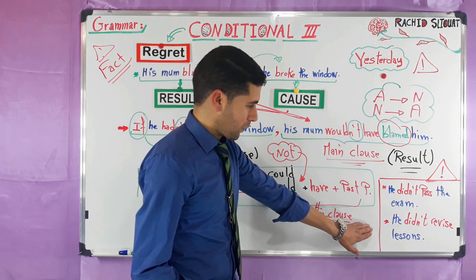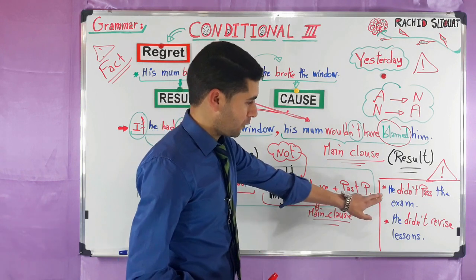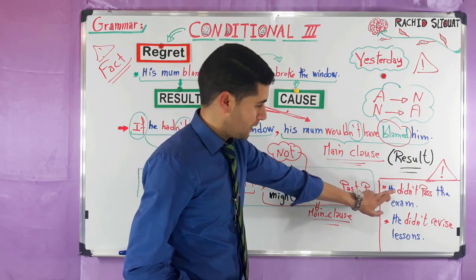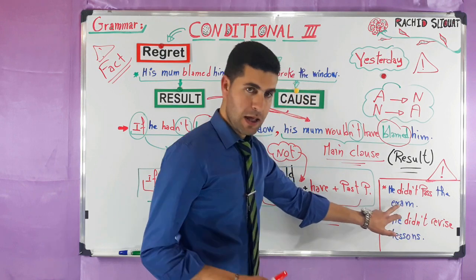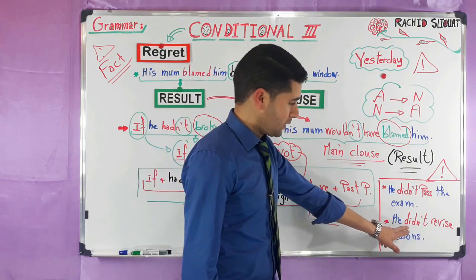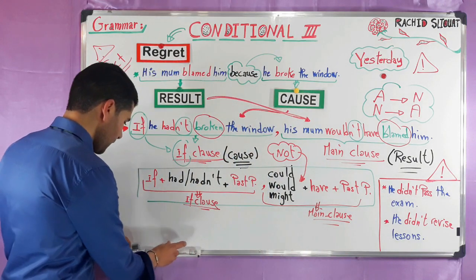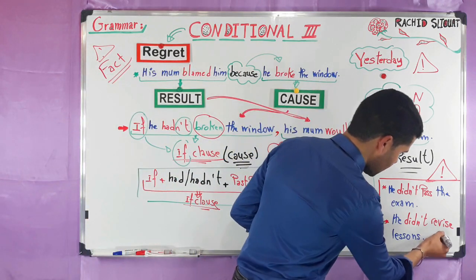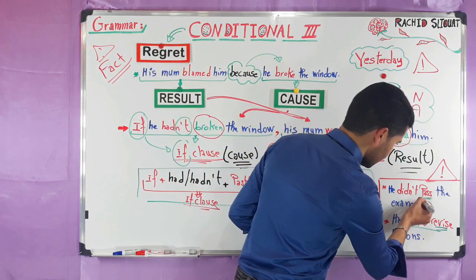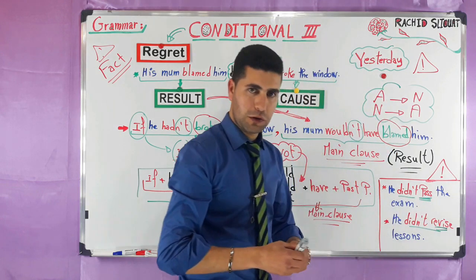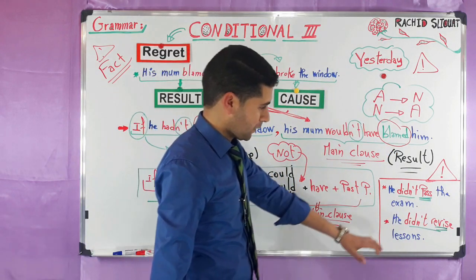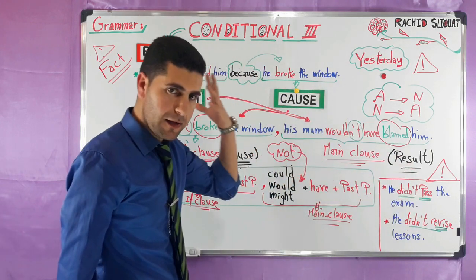Now let's take another example. Number 1, he didn't pass the exam, and number 2, he didn't revise lessons. Pass is the verb, and here we are talking about the past, so this is a past fact.